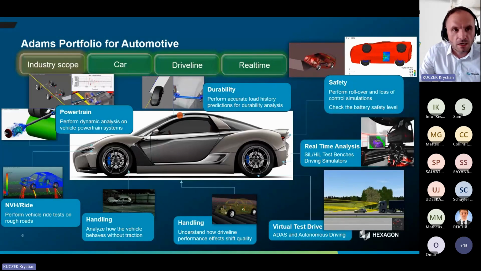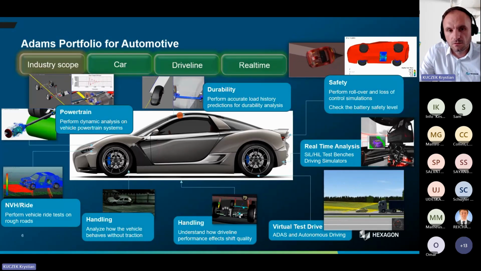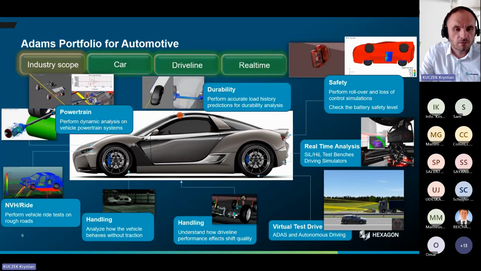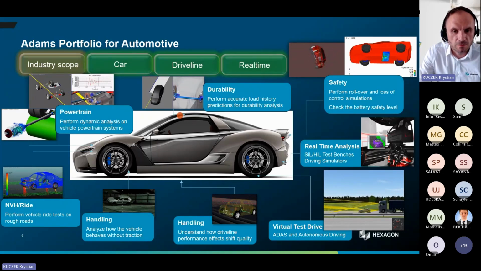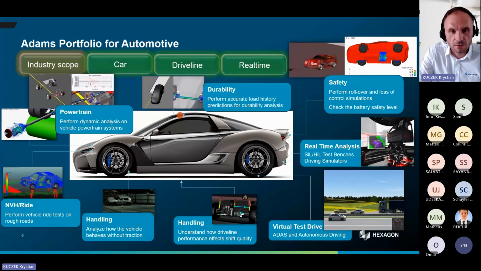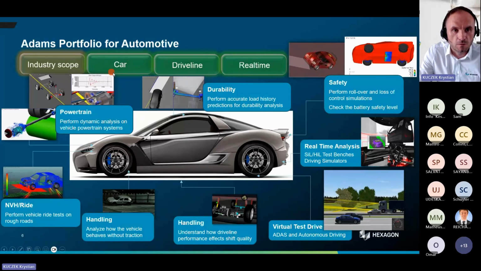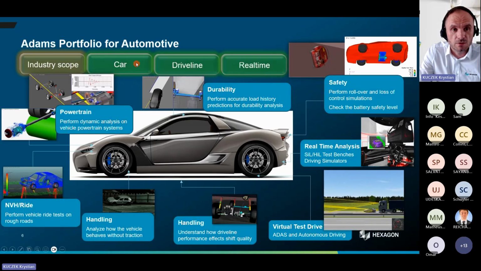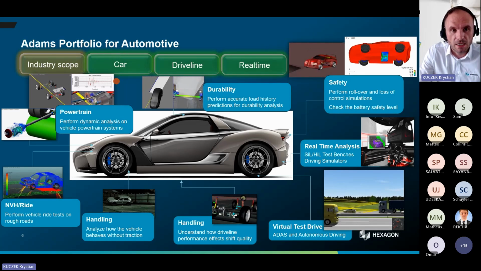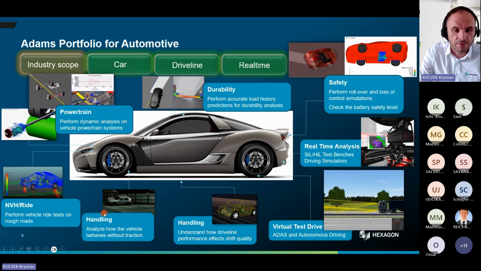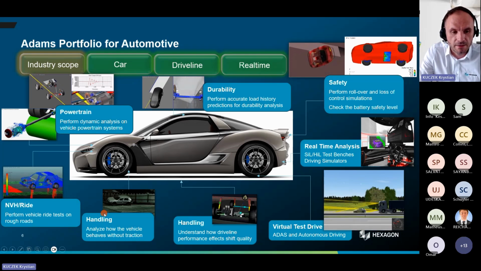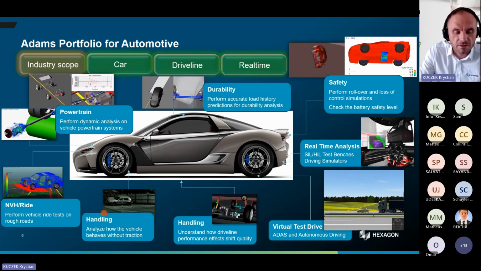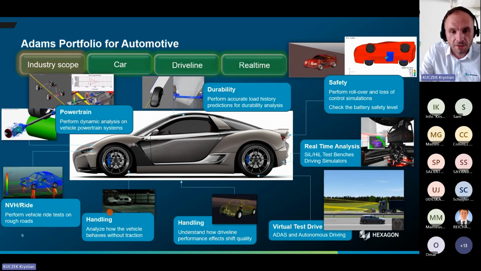Next, I would like to highlight the Adams portfolio for the automotive industry, because for that, Adams Car will be used. When we talk about using simulation for car analysis, we would like to highlight handling and ride analysis to understand how our vehicle behaves under different boundary conditions.